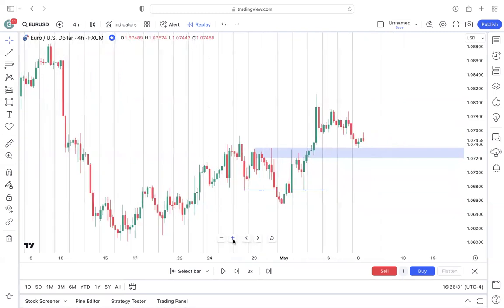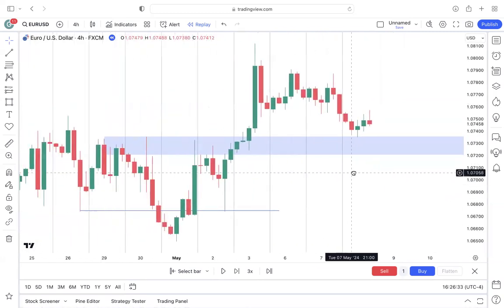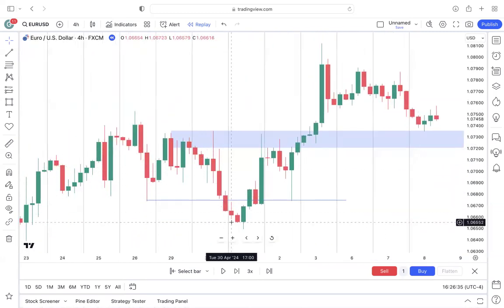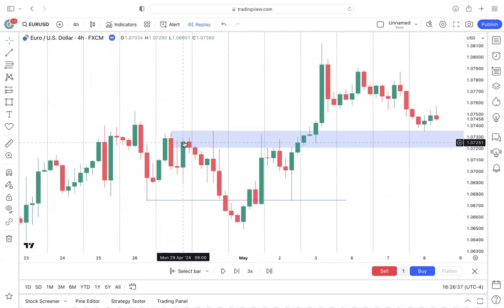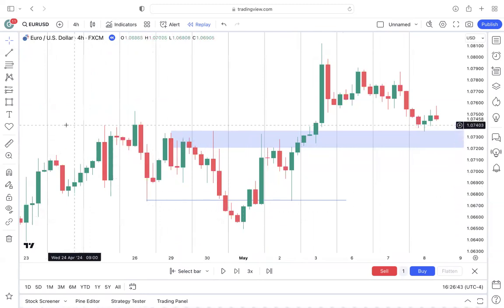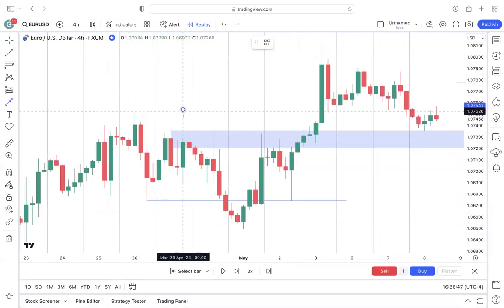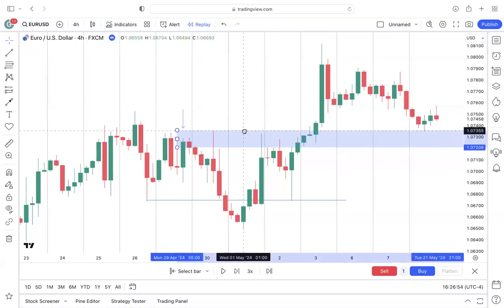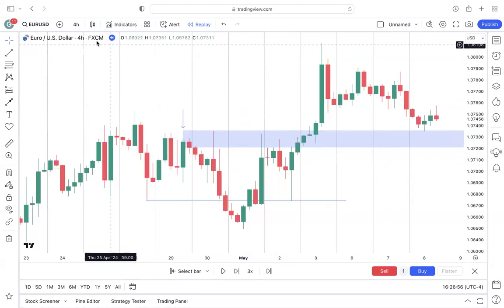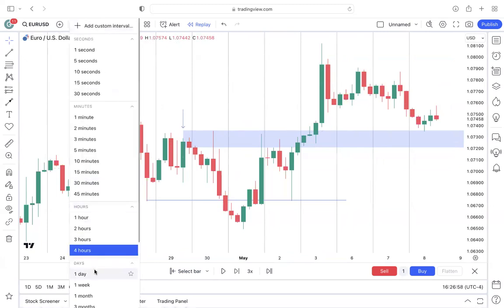Okay. There is a specific candle that caused price to come down, and that's this bullish candle right here. This bullish candle prior to this aggressive down move to take out sell side, that is your breaker. That's your bullish breaker. This candle right here. So we're blending a breaker with our daily order block, wick to body.